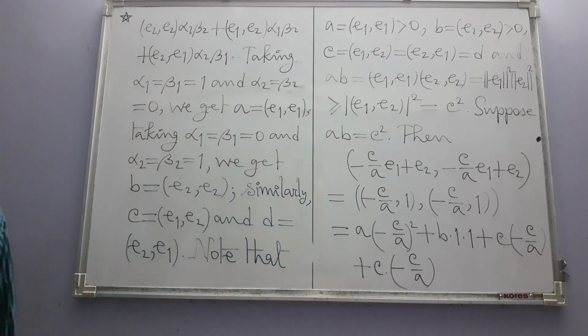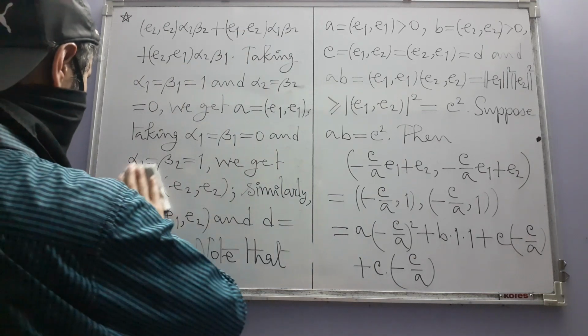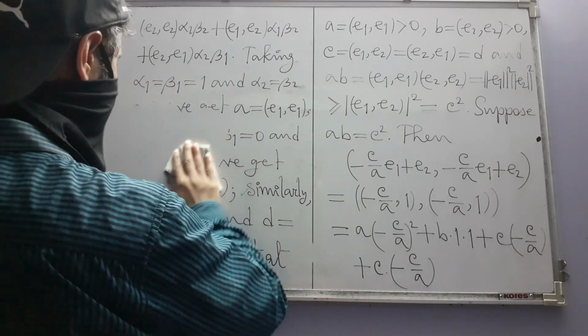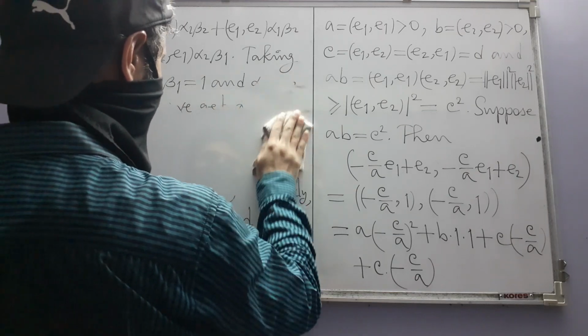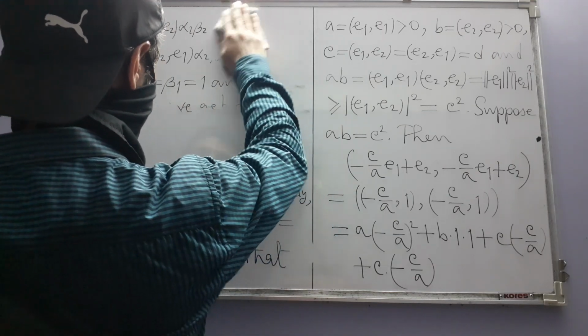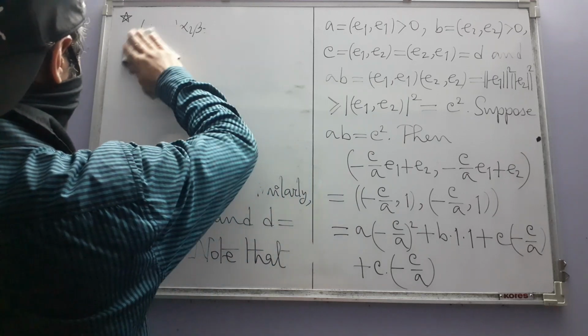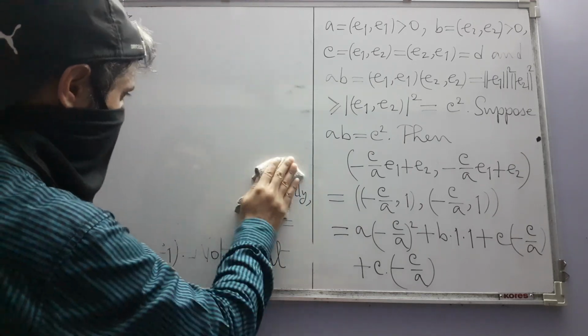Okay, so what do we get? Remember, we are calculating this under the supposition that AB is equal to C square.